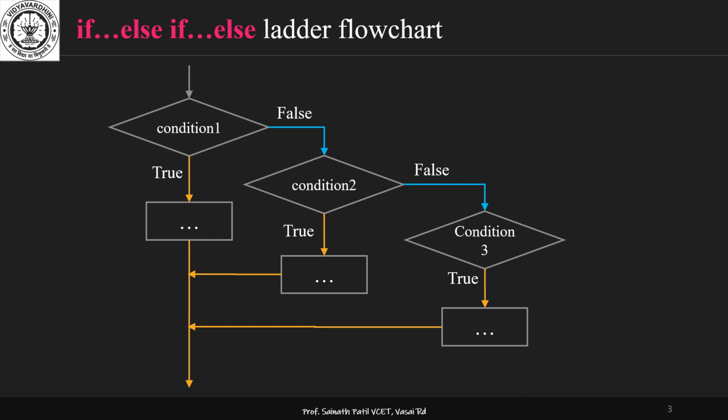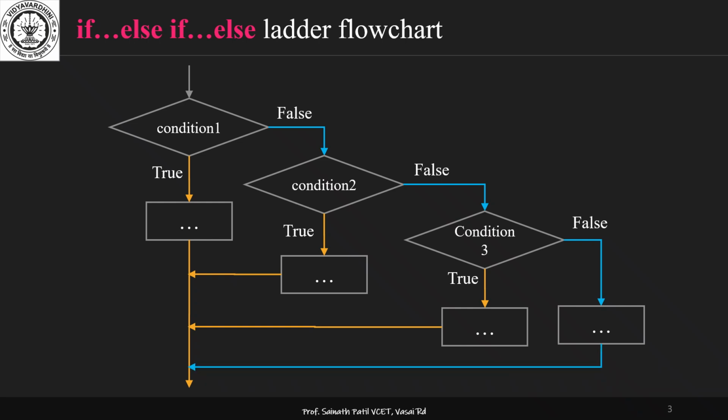If condition 3 is false, the else part of the third if gets executed and it continues with the remaining program.